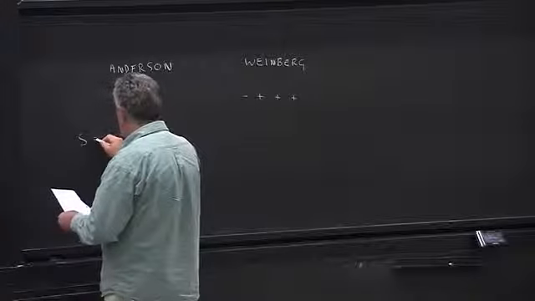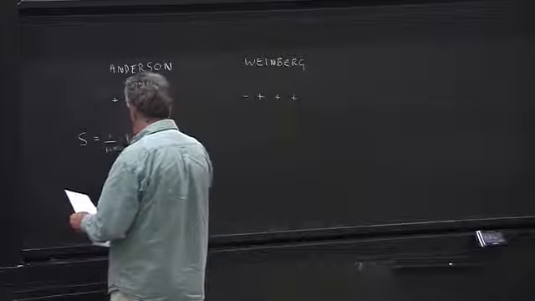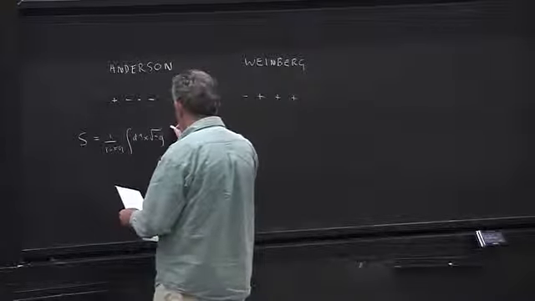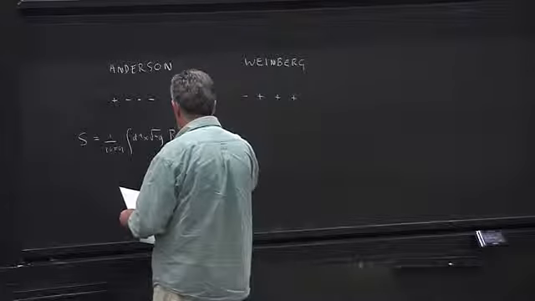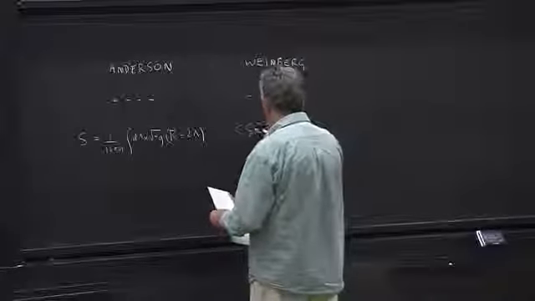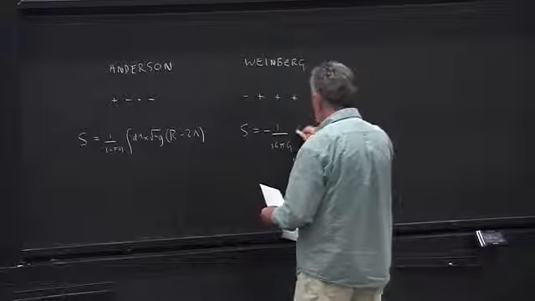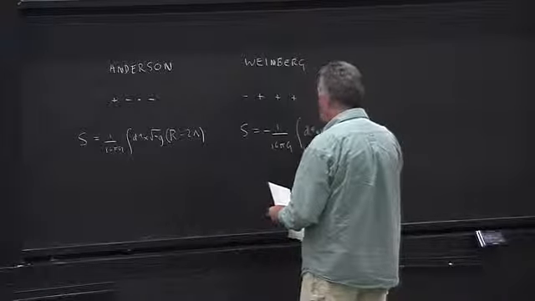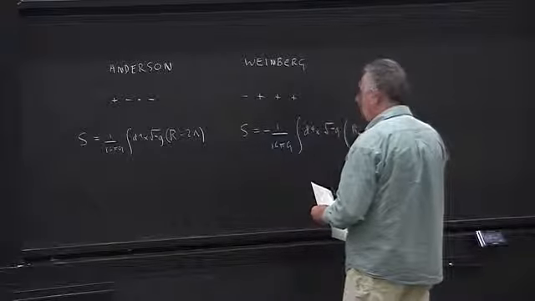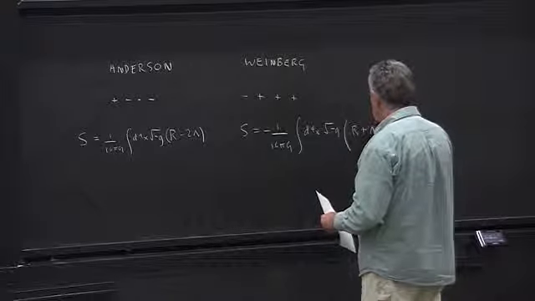So Anderson has 1 over 16 pi G integral d4x square root minus g R minus 2 lambda. And Weinberg has minus 1 over 16 pi G integral d4x root minus g, and I think he would have to have, therefore, a plus.